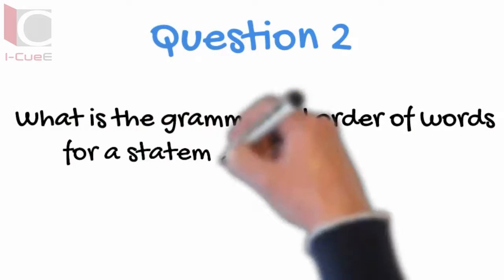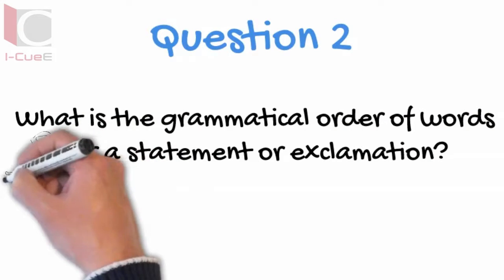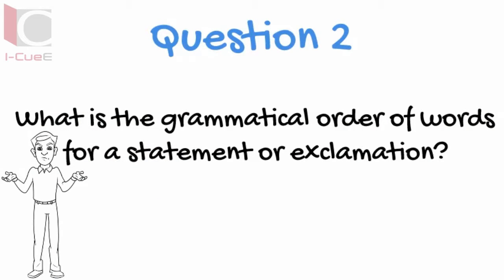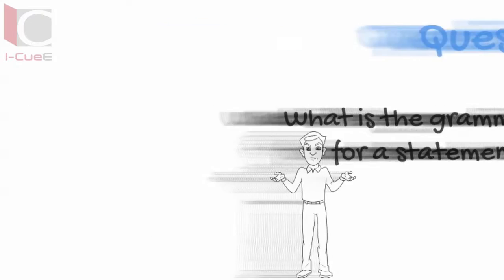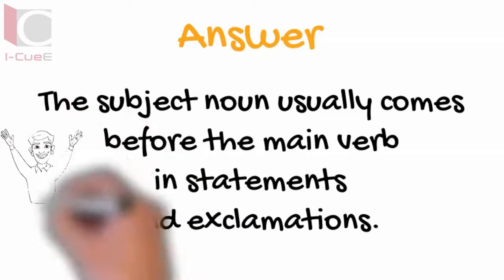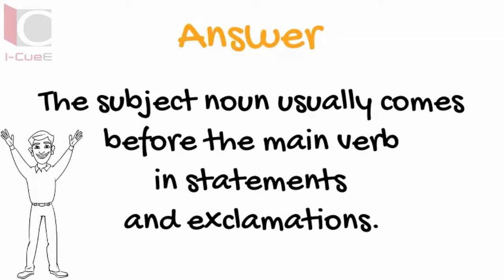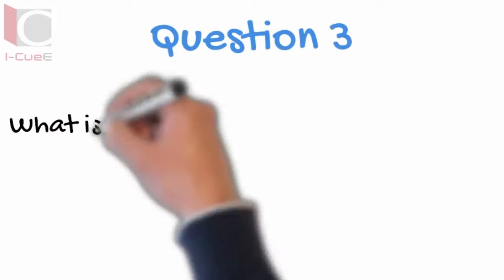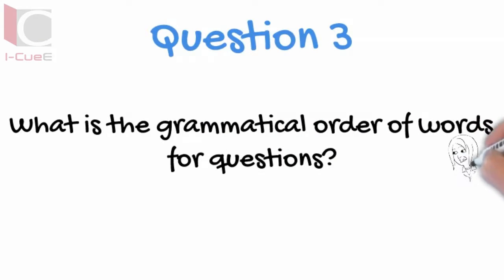What is the grammatical order of words for a statement or exclamation? The subject noun usually comes before the main verb in statements and exclamations. What is the grammatical order of words for questions?